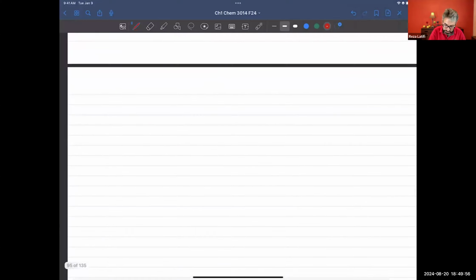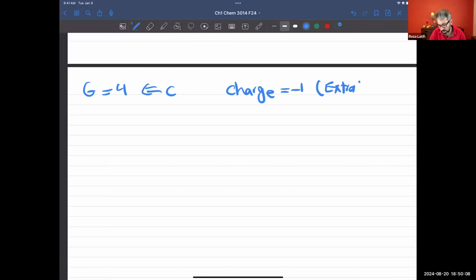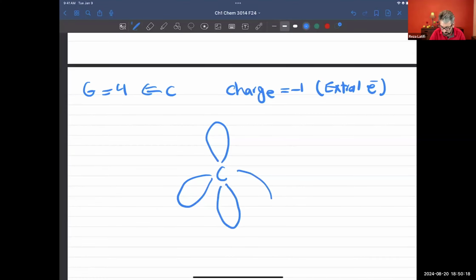Now, remember, carbon is a group 4. Charge also is equal to -1. We have extra electrons. So here you go. This is carbon. It has 4 orbitals attached to it, 4 hybrid orbitals. Let's show the valence electrons. 1, 2, 3, 4. But we have 1 extra electron. So what do I do with it?